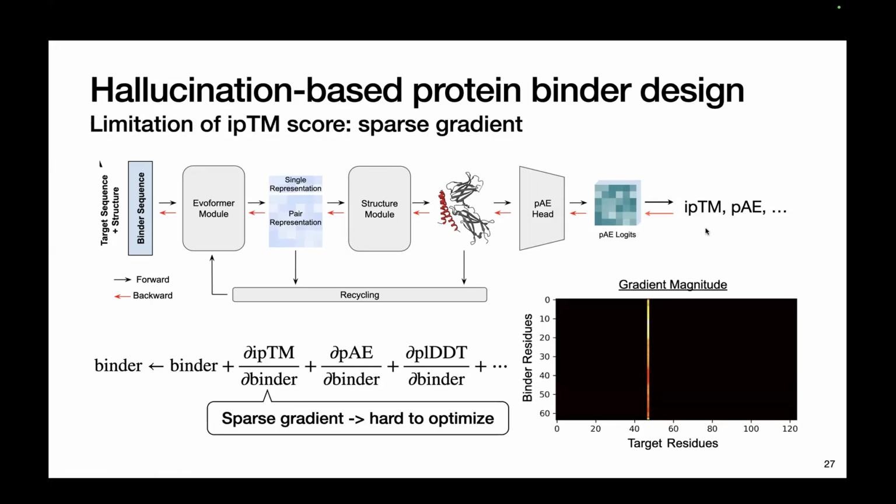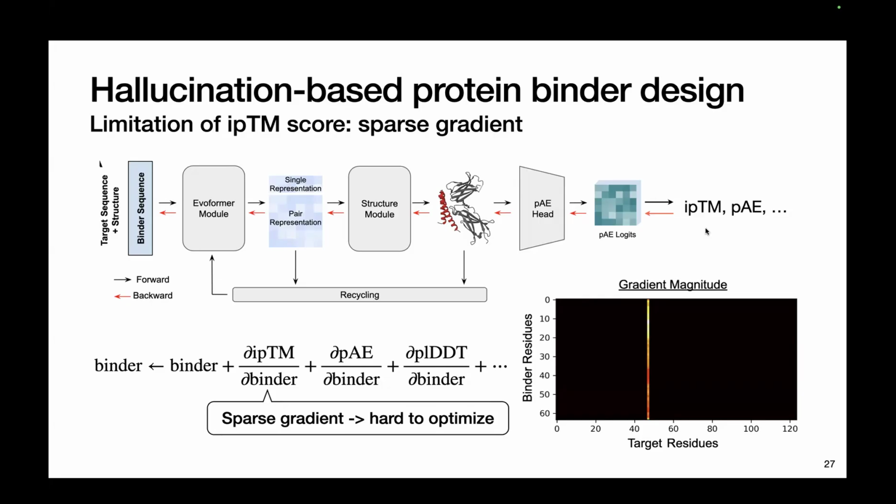But when we investigated this in more detail, we found that some of these objectives are not as smooth as we expected, right? For example, this IPTM, which is one of the important indicators of binding, its gradient is not smooth, because IPTM actually involves a max operation over all the residues.